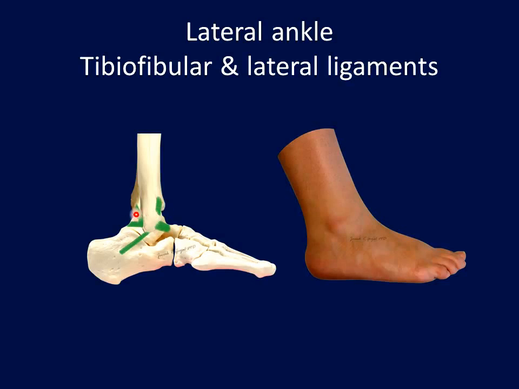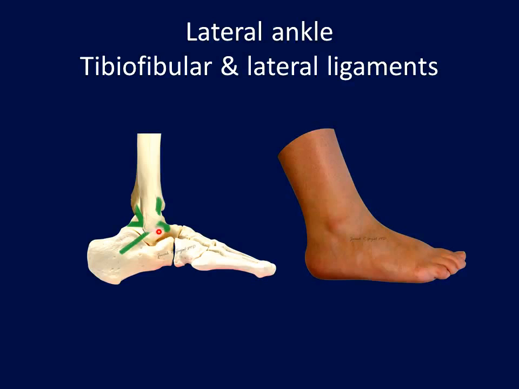The anterior and posterior tibiofibular ligaments pass upwards and medially from the lateral malleolus to the distal end of the tibia, anterior and posterior to the distal tibiofibular joint. The lateral ligament has three components: the anterior talofibular ligament, the calcaneofibular ligament, and the posterior talofibular ligament.